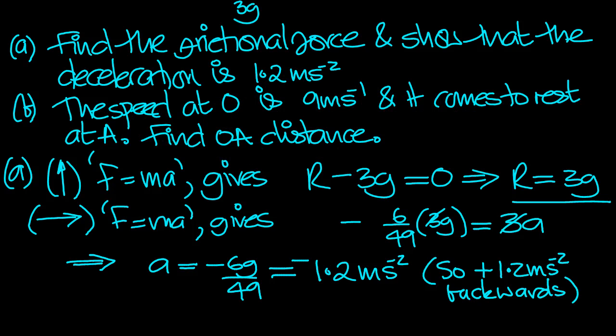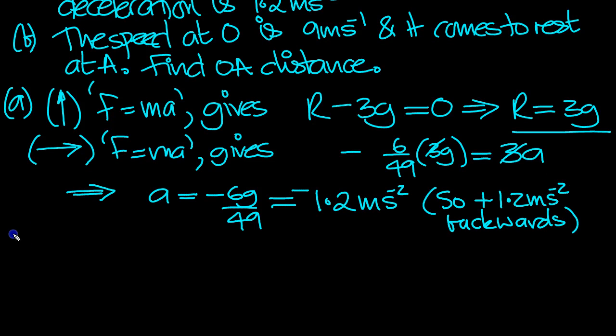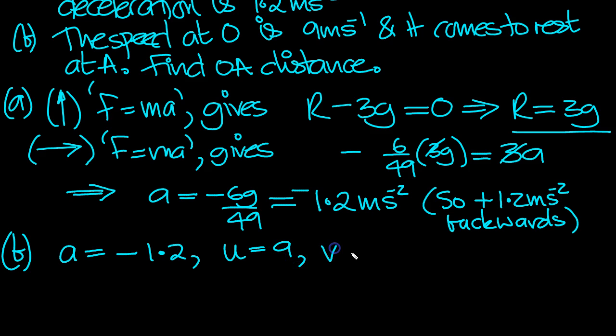The speed at O is 9, and it comes to rest at A. Find the distance OA. So part B: we know the acceleration is equal to minus 1.2. We know the initial speed at O is 9. We know the final speed at A is 0. We want the distance, so what springs to mind is the equation of motion, v squared equals u squared plus 2as.